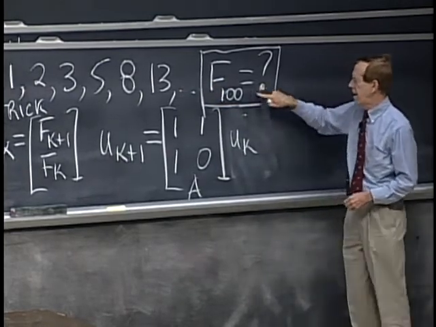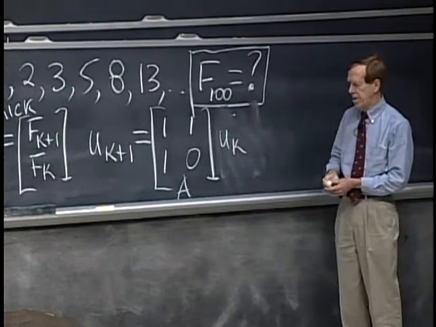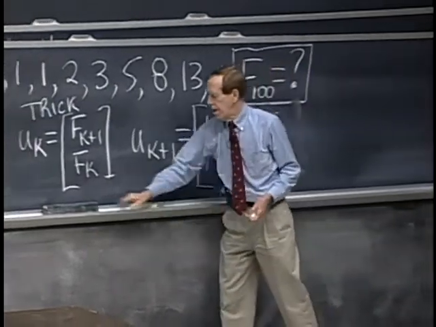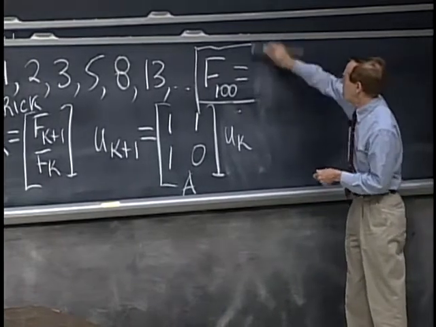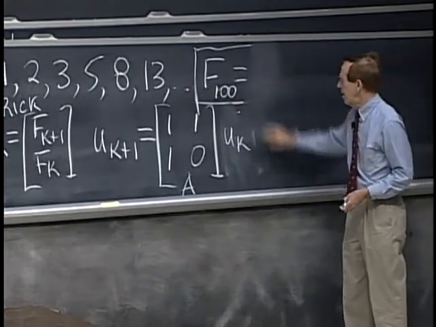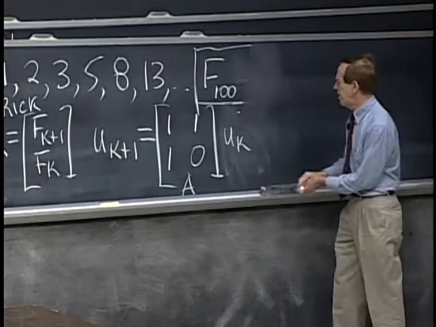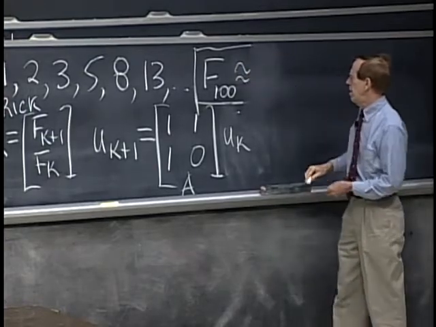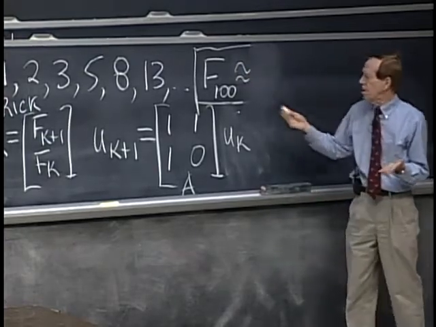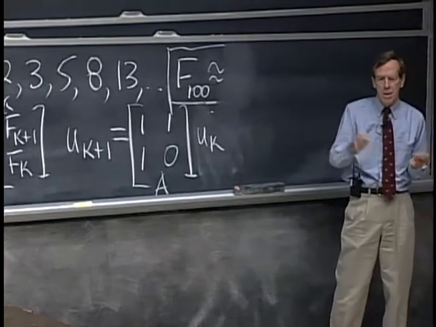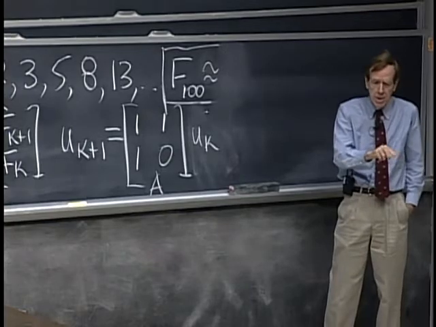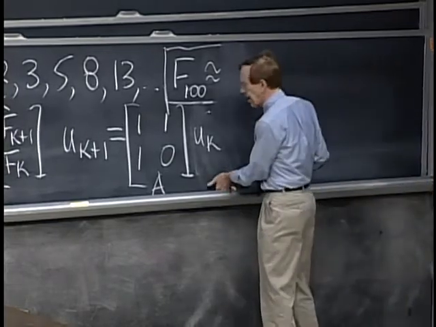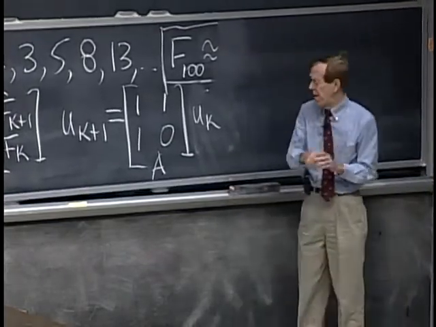So to get some idea of what F100 is, what's controlling the growth of these Fibonacci numbers? It's the eigenvalues. And which eigenvalue is controlling that growth? The big one.